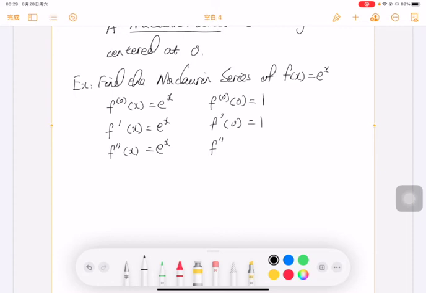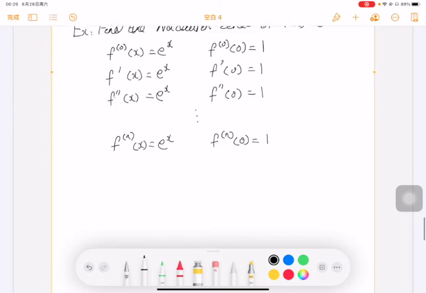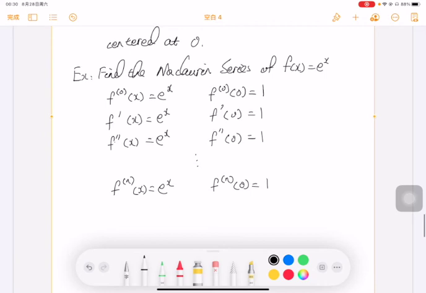Then f double prime of 0 is 1. Essentially, the nth order derivative is e to the x itself, and the nth order derivative evaluated at 0 is 1. Because the function is e to the x, no matter how many derivatives you take, you end up with the function itself. So we figured out that all the derivatives evaluated at 0 will be 1.